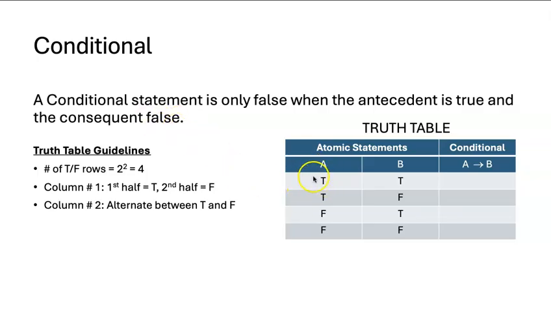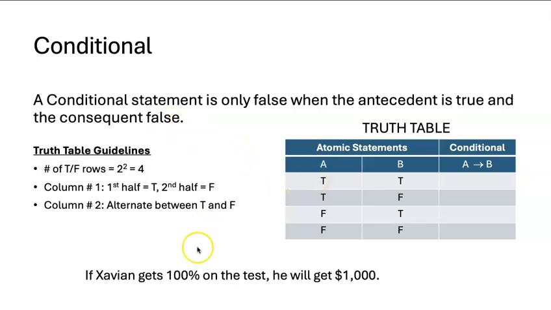So the antecedent is the first part. For example, we say if Xavier gets 100% on the test, then Xavier will get $1,000. The antecedent A would be Xavier gets 100 on the test, and the consequent B would be Xavier will get $1,000.